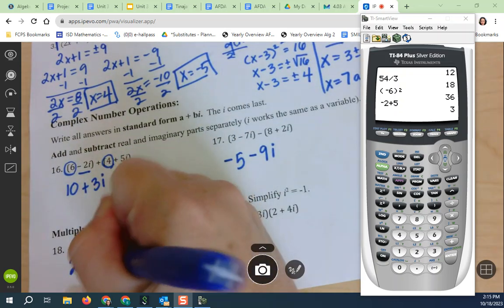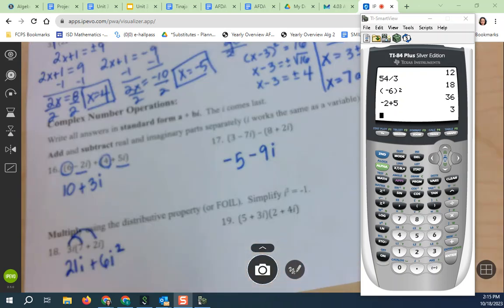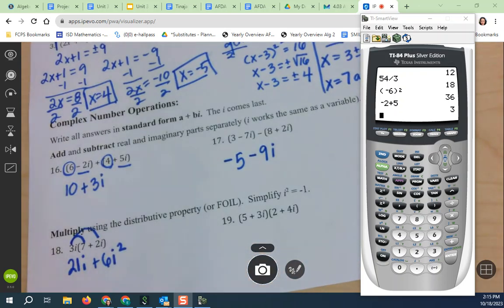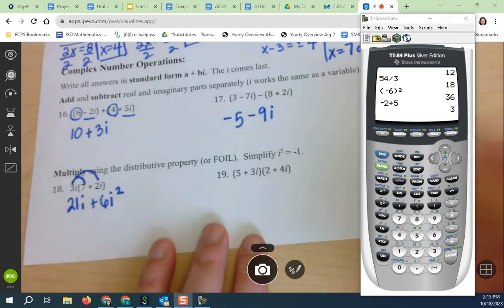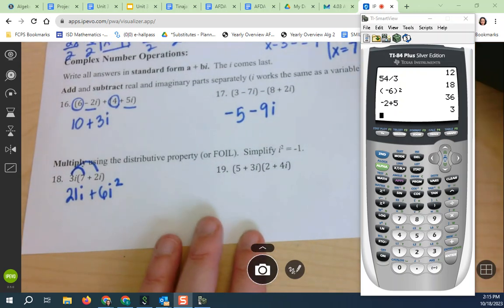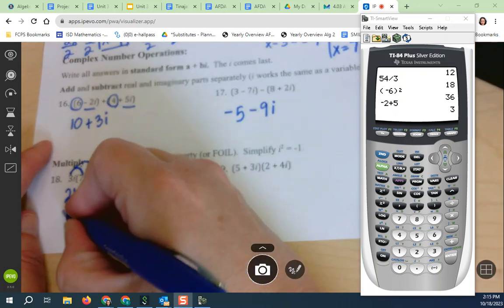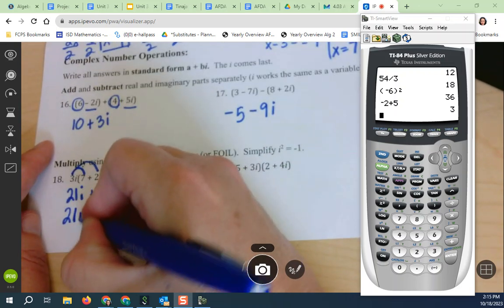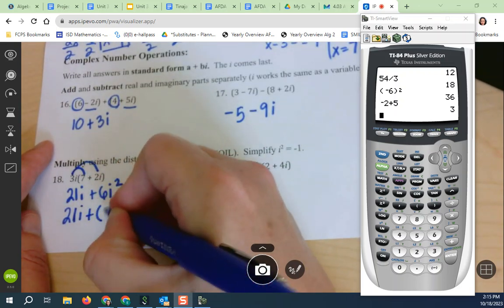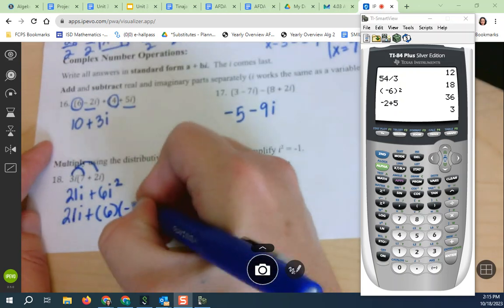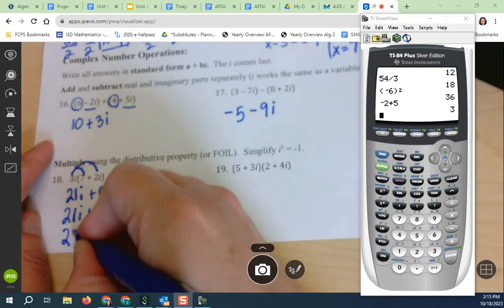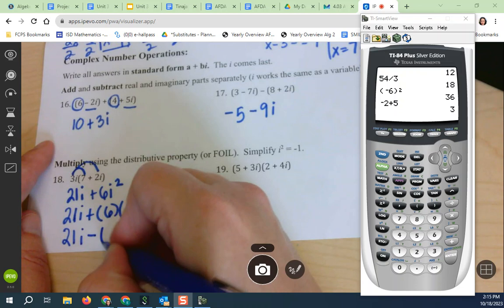So I get 6i squared. And then I do need to replace the i squared with what number? Negative 1. Good. So I have 21i plus 6 times negative 1. So 21i minus 6.